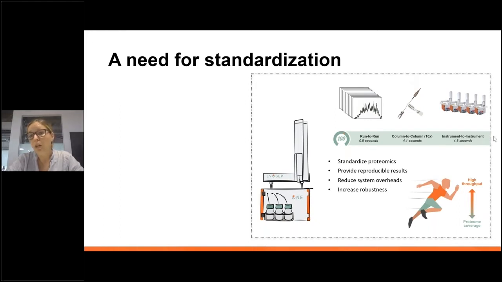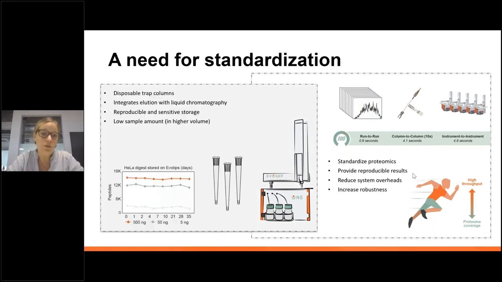And also, when we really want to scale up and compare between instruments, we also have a really nice instrument-to-instrument reproducibility. The aim of the Evosep 1 was also to reduce system overheads so that we are able to do high throughput analysis, but also with a nice proteome coverage, and while still having a good robustness.